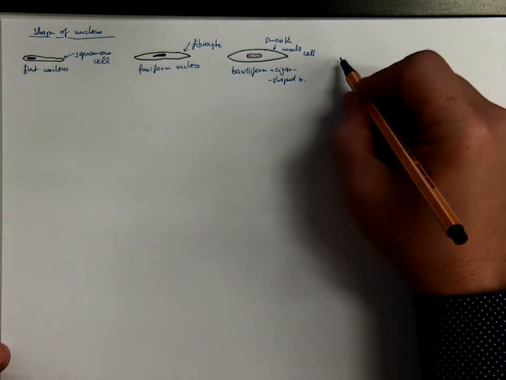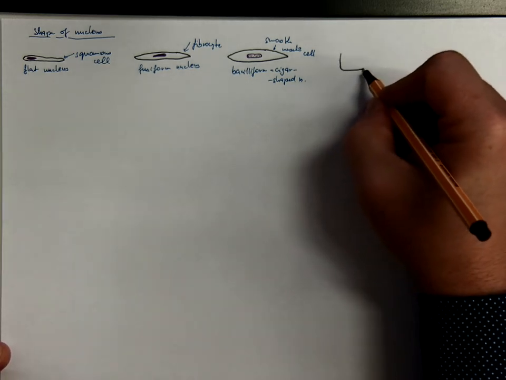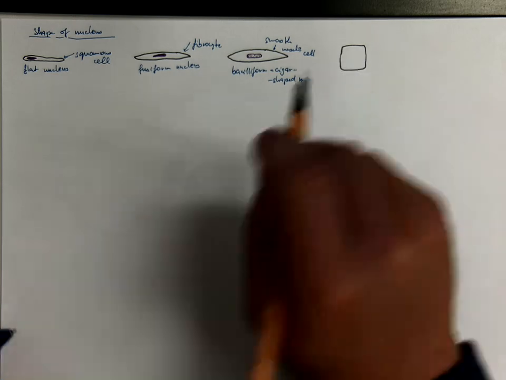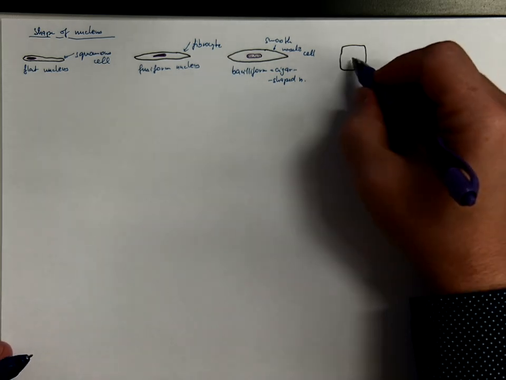Cuboidal cells have usually a spherical nucleus.